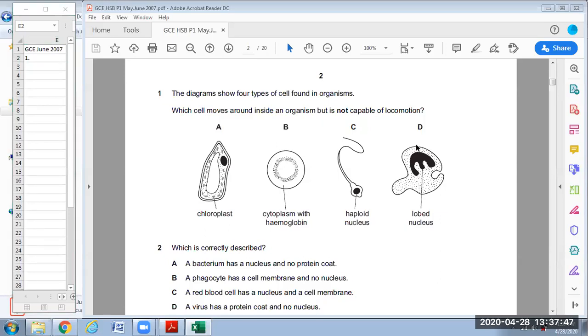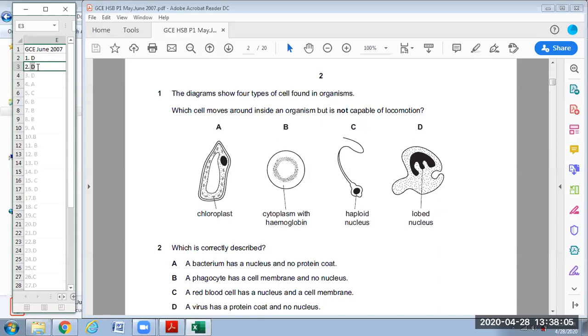So, is it the chloroplast? I have D. No. Cytoplasm with hemoglobin? No. This one, D.